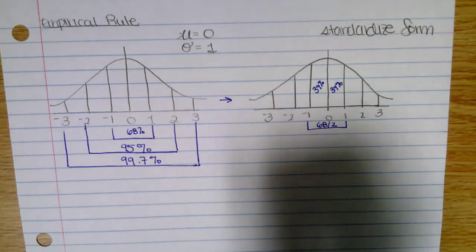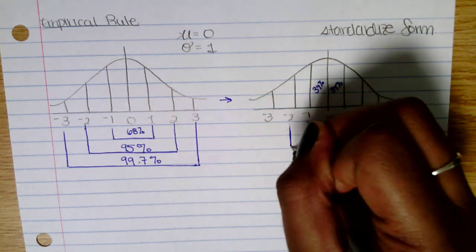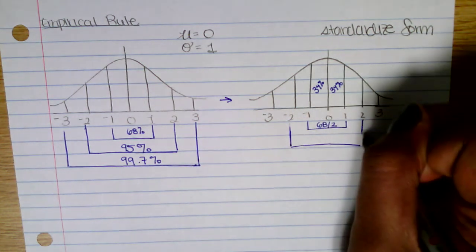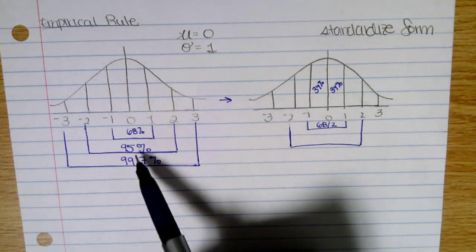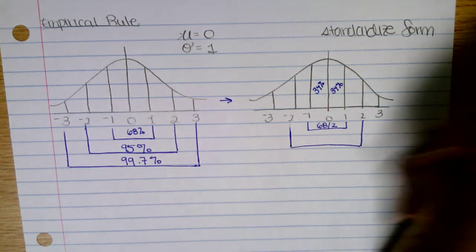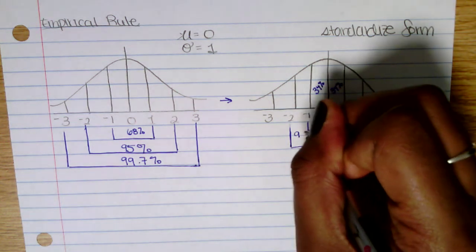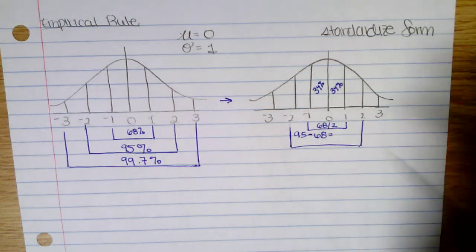Now, for the next one, from -2 to +2, we know that 95% of the data lies between -2 and +2. So what we're going to do is 95 minus the 68 that we've already accounted for.